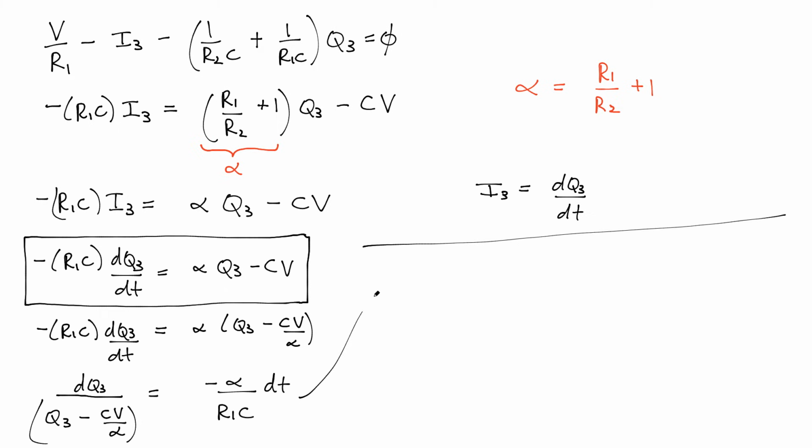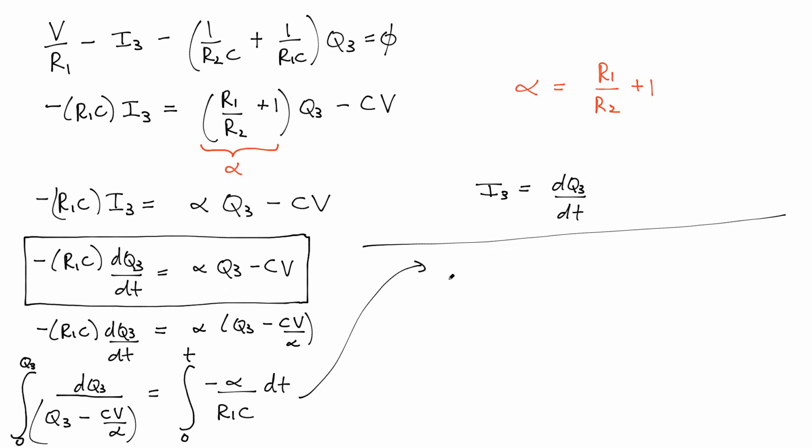Okay. So now all you have to do is integrate this expression on both sides. You're going to integrate from zero charge on the plates to some final charge, Q3, on the plates, and from 0 to time.